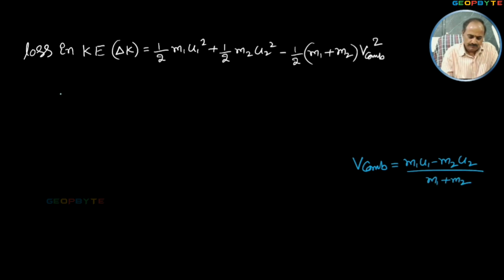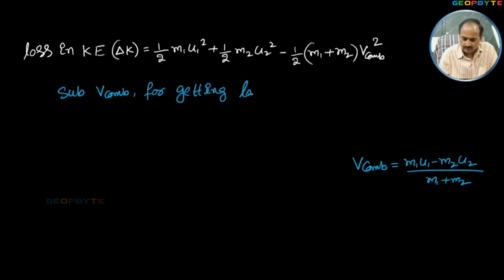You substitute the v combined value for getting the loss in kinetic energy.